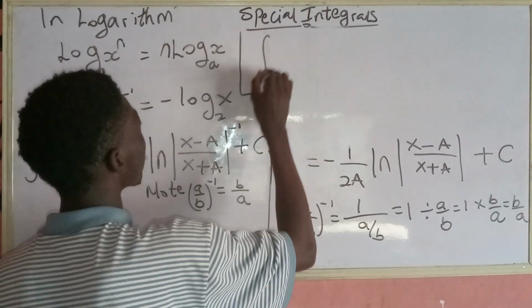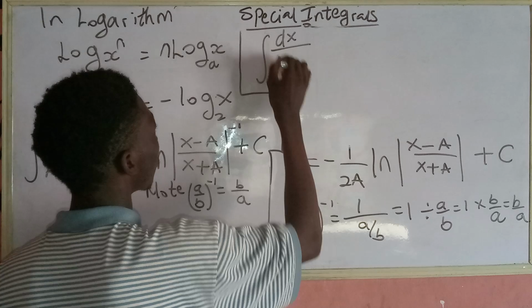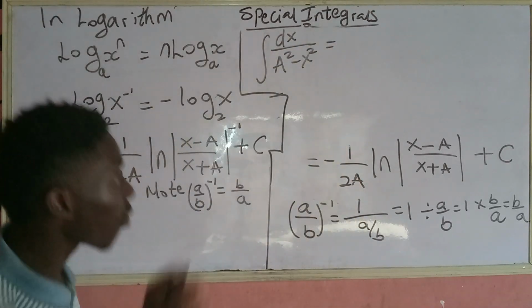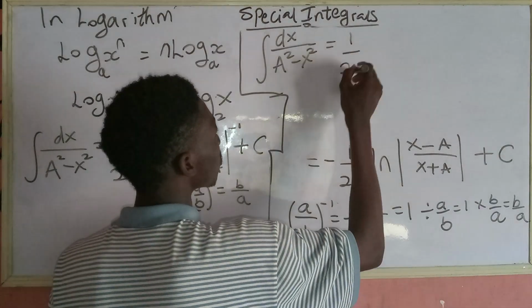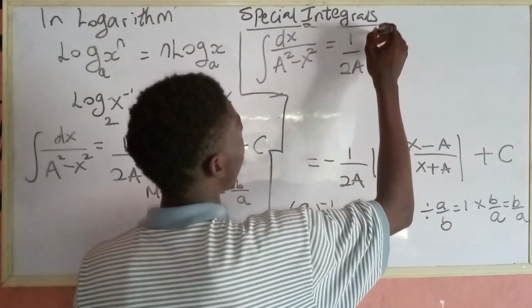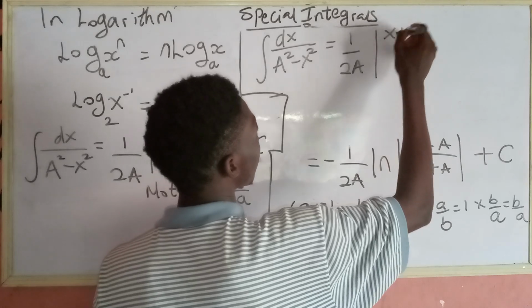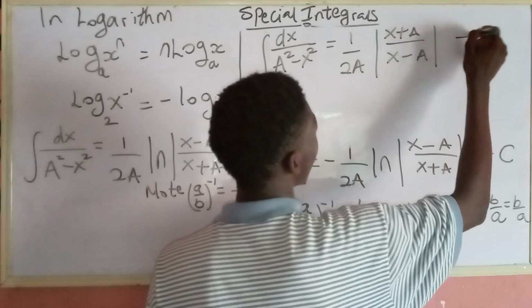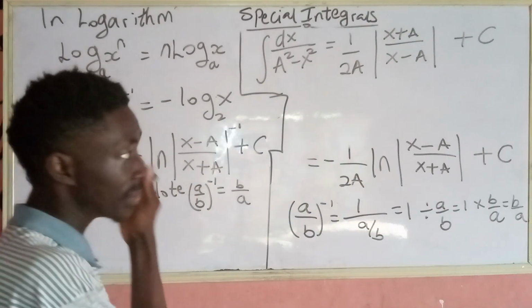whenever I have the integral of dx over x squared minus a squared, it is equal to 1 over 2a natural logarithm of x plus a over x minus a plus c.